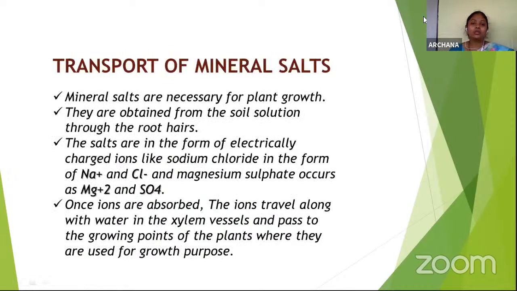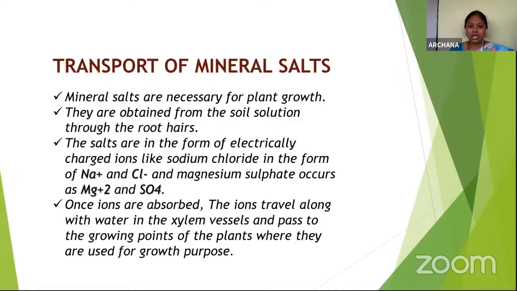Now, how are these mineral salts transported? Mineral salts are necessary for plant growth. They are obtained from the soil solution through the root hairs, and these salts are in the form of electrically charged ions, like sodium chloride in the form of Na+ and Cl-, magnesium sulfate in the form of Mg2+ and SO4 2-.